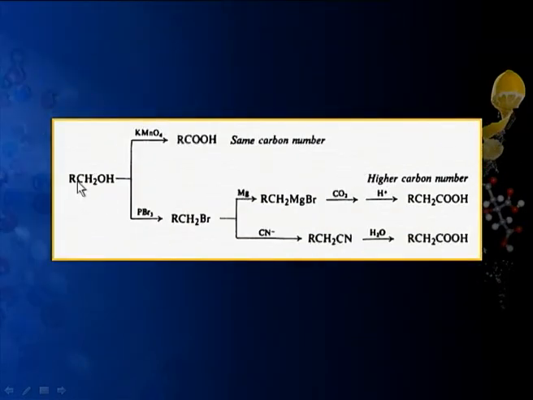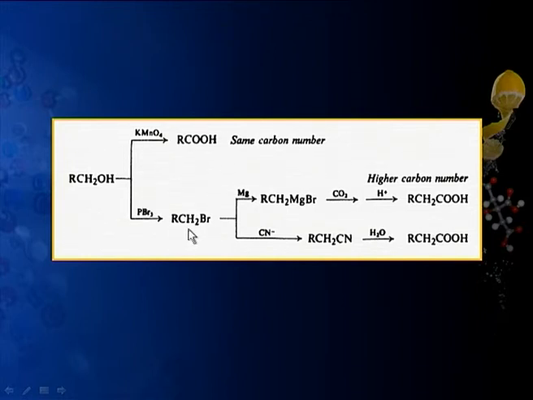Here it is summarized. Suppose this is any primary alcohol, RCH2OH. If it is directly oxidized, we will get a carboxylic acid containing the same number of carbon atoms. If this alcohol is converted into an alkyl halide, here the example with PBr3 is given and we are getting an alkyl bromide, but we can prepare any halide using different reagents that you have already studied in the preparation of alkyl halides.